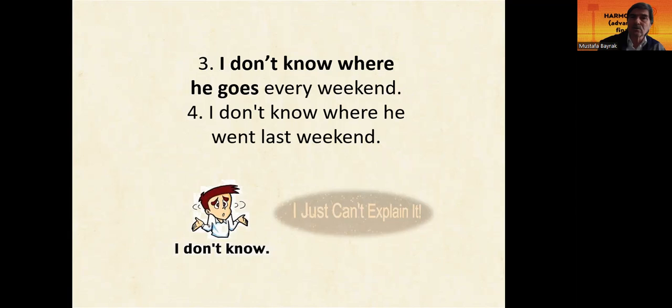But "I don't know where he goes every weekend", although it points at a place, there is not a certainty here. But "I don't know the city which he goes to every weekend" is much clearer.